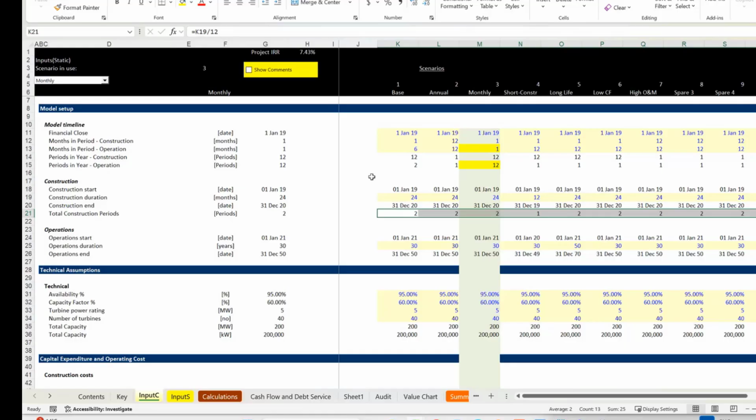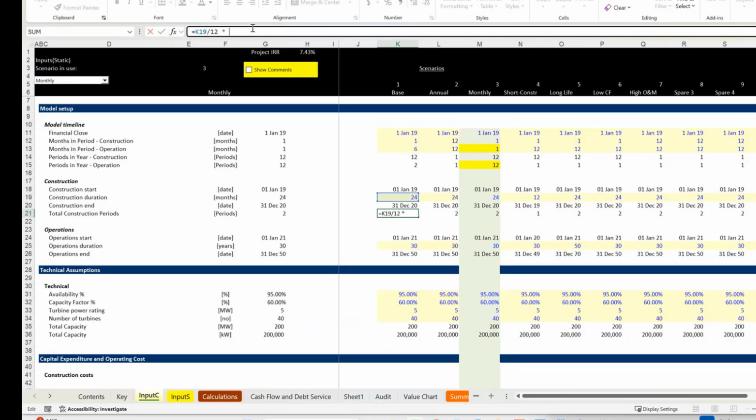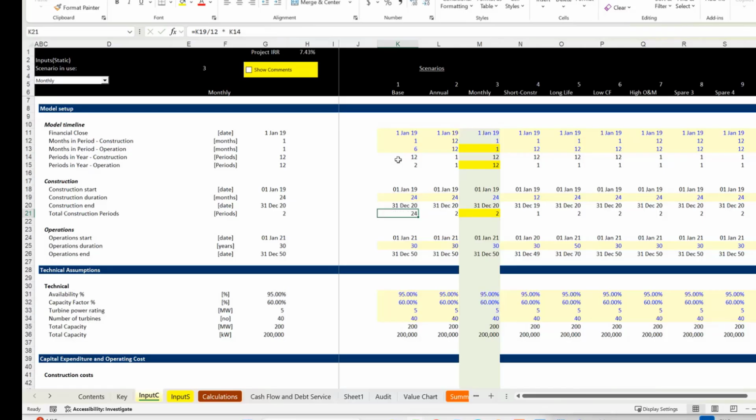And multiply that by the months in the period. Did I do that right? Multiplied by the period in construction, right? Yeah, that should be fine. I think it was the way it was. Okay, perfect.